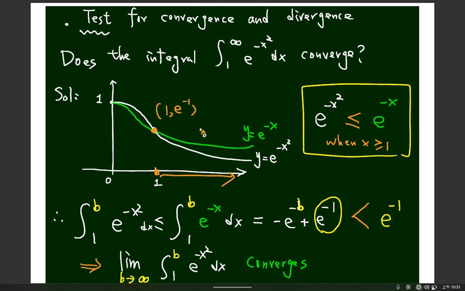So based on this, you can see the original curve is e to the power of negative x squared, the white one. But at the same time, we also can find a base function, y is equal to e to the power of negative x. This is the green one.